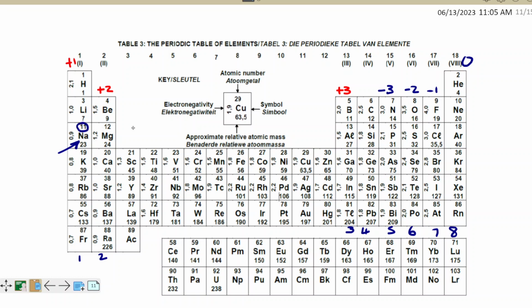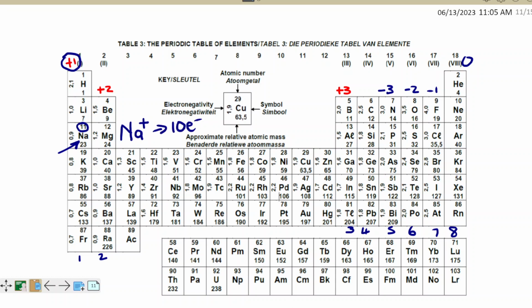According to the periodic table, there are 11 electrons. But it's in group 1, it wants to donate 1 electron. So after it donated that 1 electron, it becomes an ion, which is Na+. This plus means that it has donated that 1 electron. So if there were 11, now there are 10.